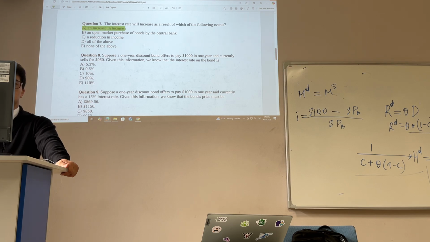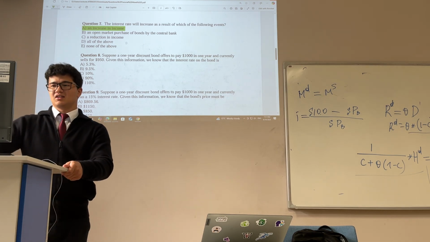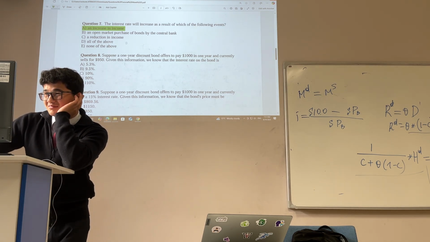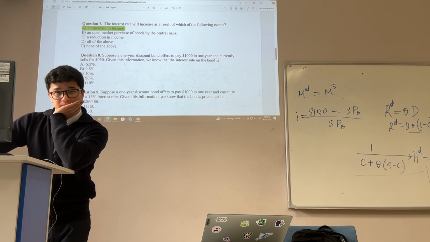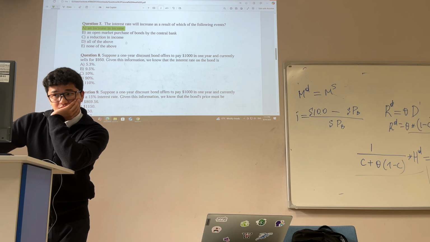Isn't it like when income reduces, the demand for money increases, and then interest rate also increases? No, just imagine, what do you mean reduction in income? Income reduces for the overall population, then demand for money increases and interest rate also increases because more people need the money.